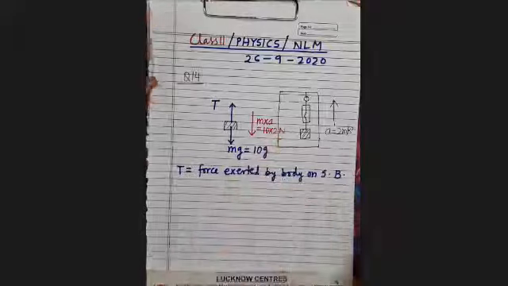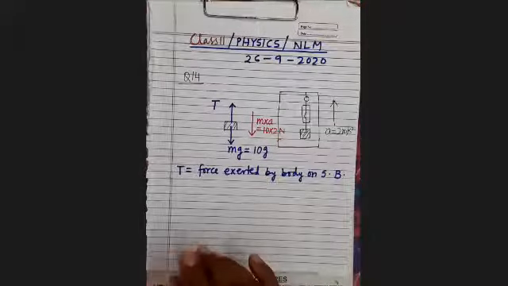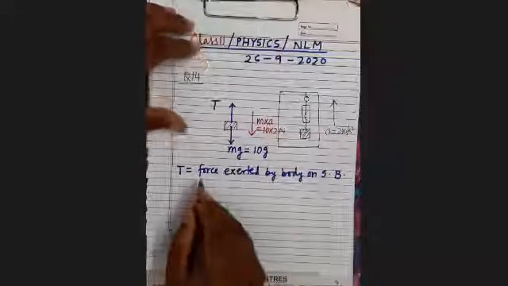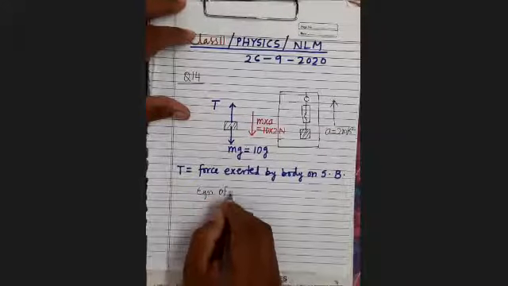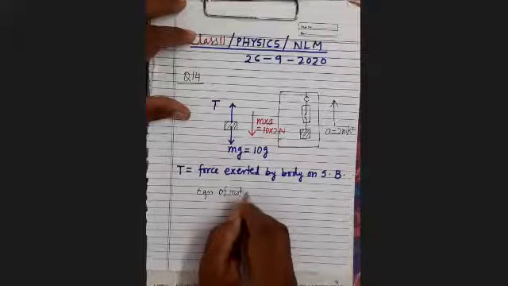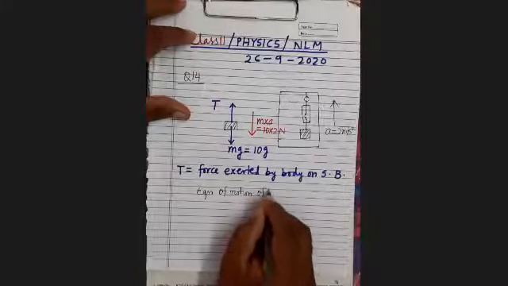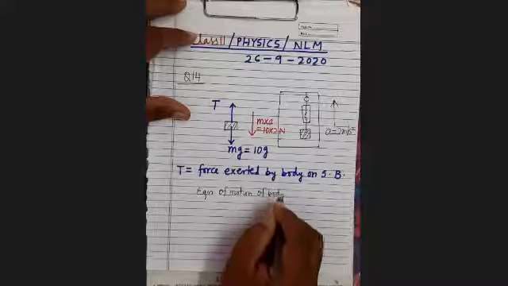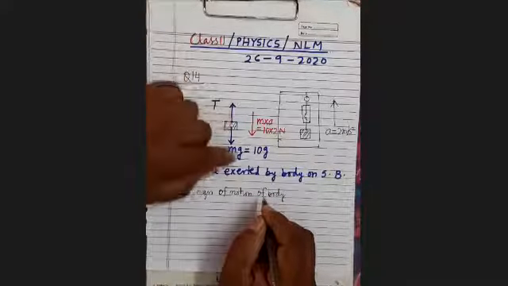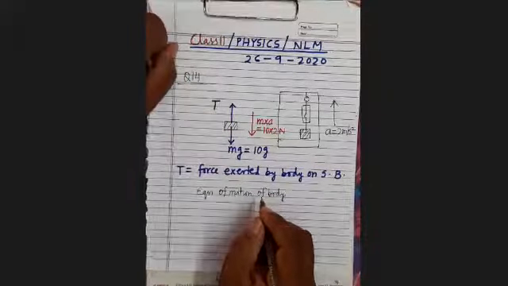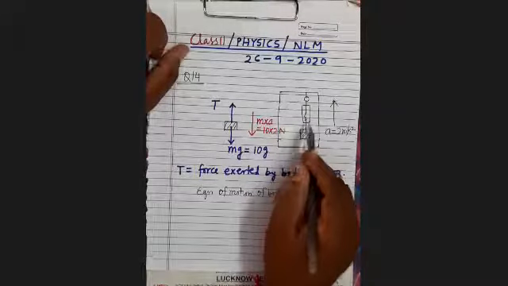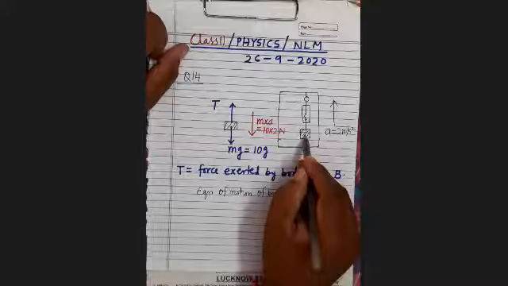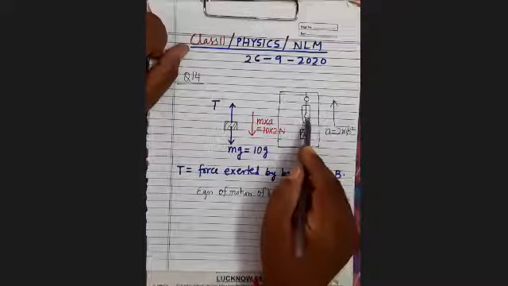So see here, in the equation of motion of the body, one force is acting upward and these two forces are acting downward, and it is at rest with respect to the spring balance.